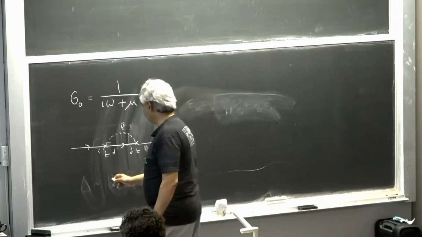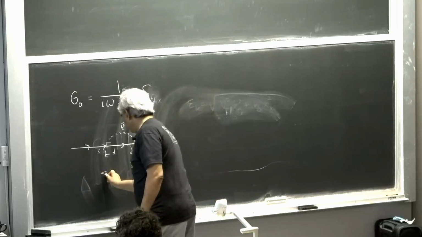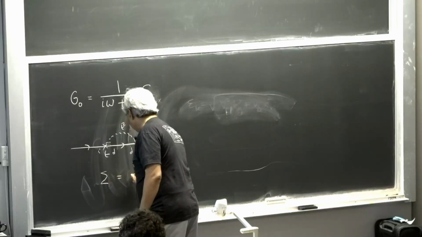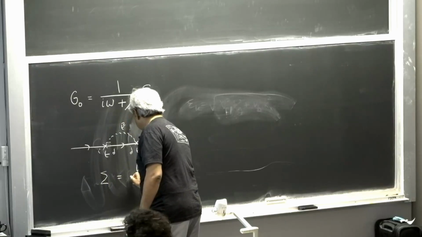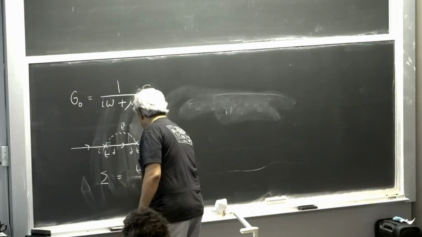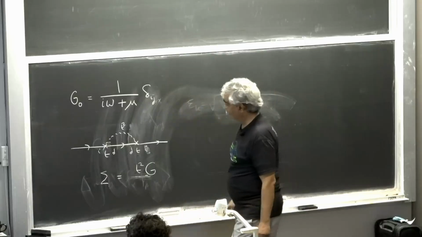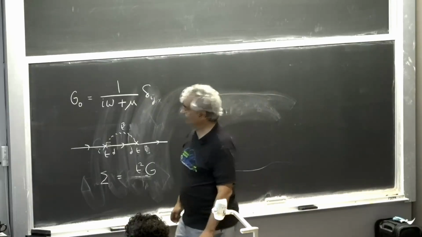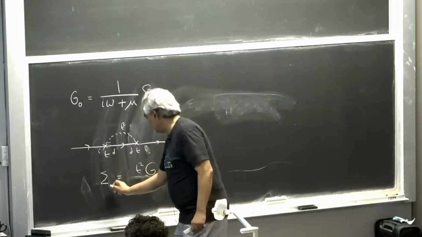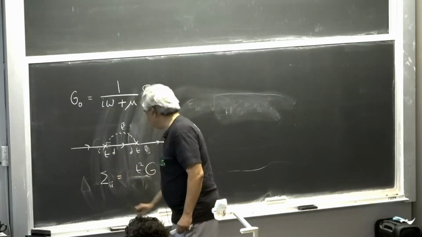So what's the value of this? It contributes a self-energy, which is t squared times G. This is going from site i to i, so it's sigma_i.